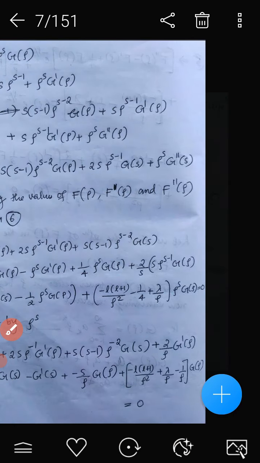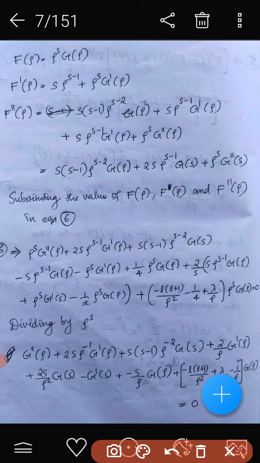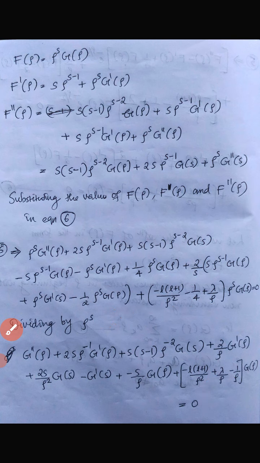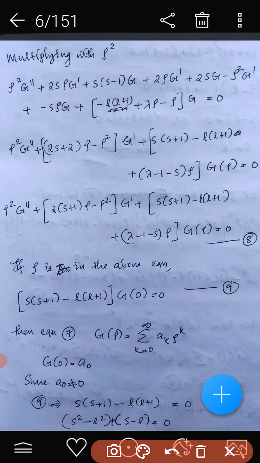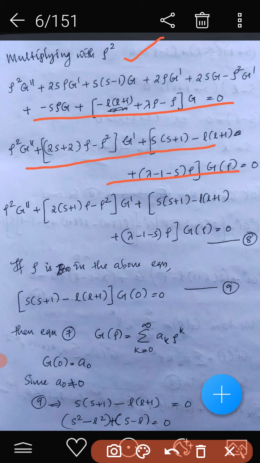We can substitute these values, and we will get this. And we are dividing this equation with rho to the power s, and the next equation is this one. Now I multiplied this equation with rho square, and just rearranging all these things, I'll get equation number 8.